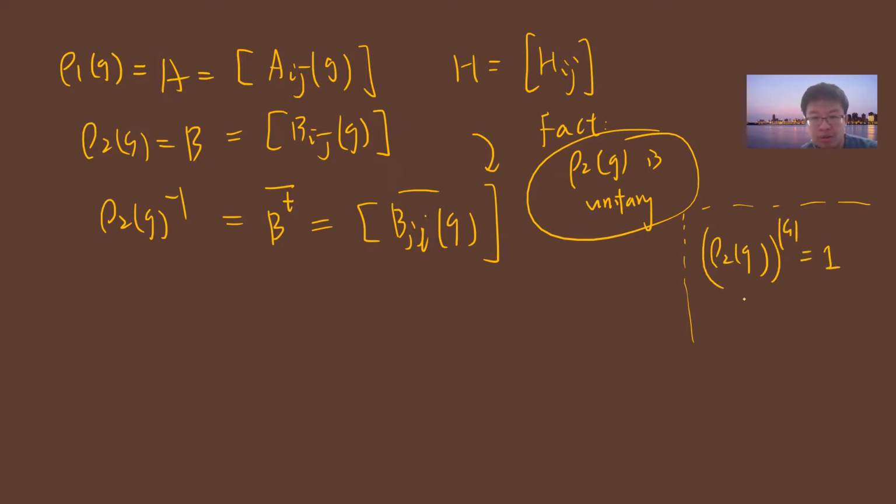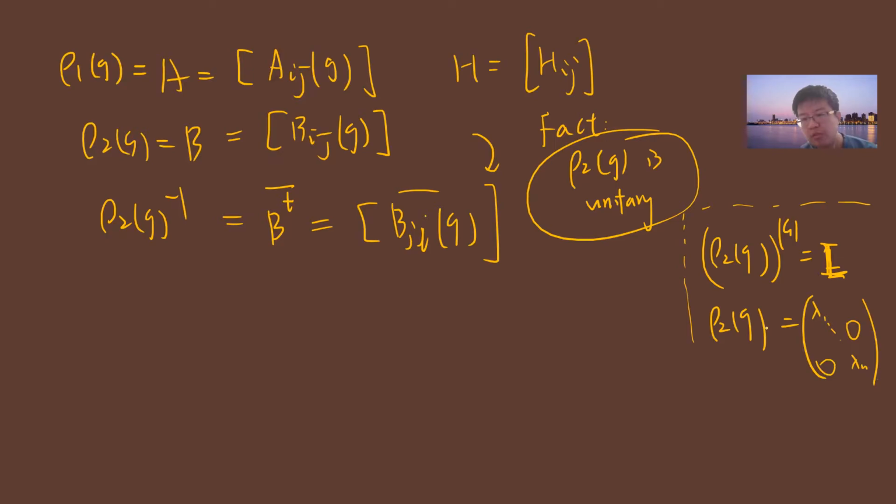So rho 2 of G is diagonalizable. You can prove in linear algebra that if you have a matrix which up to some power is the identity matrix, then this matrix must be diagonalizable. So there is a basis such that rho 2 of G looks like this.